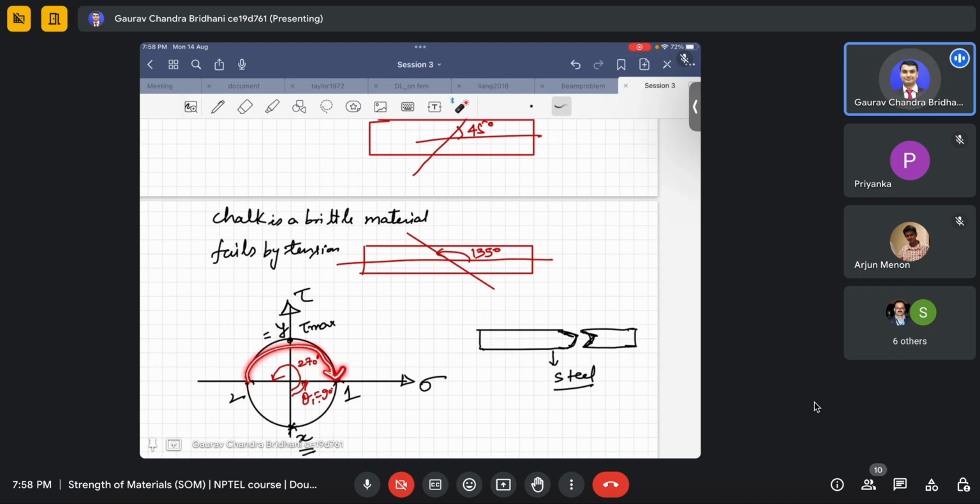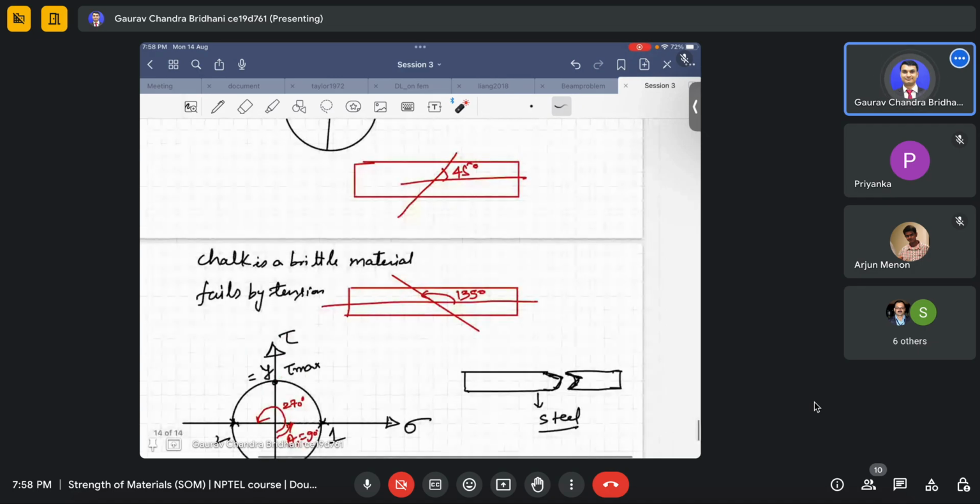This point gets translated to this and the other point gets translated to that, whether it is a clockwise or an anti-clockwise sense of torsion. But it always fails at 45, because the 45 degree angle shows the plane which is a principal plane. Understood?